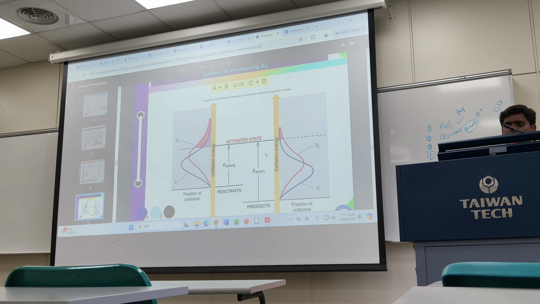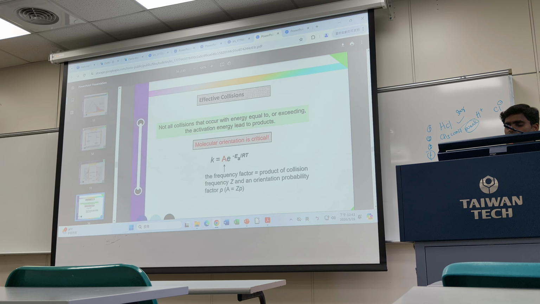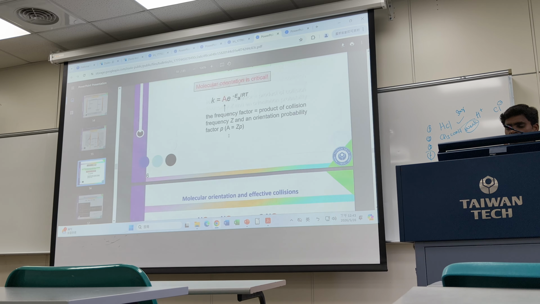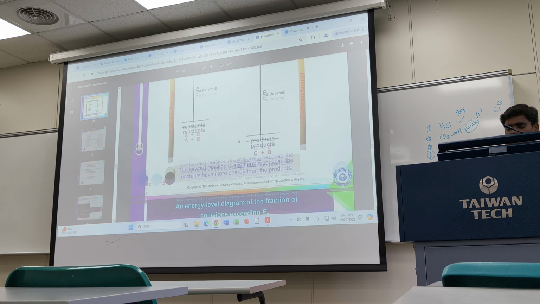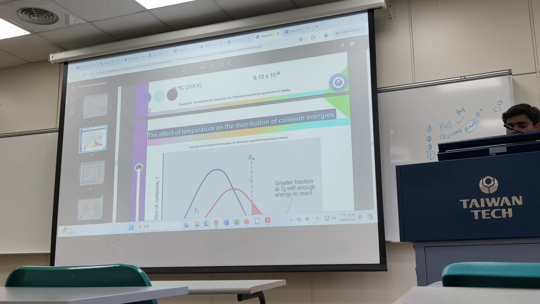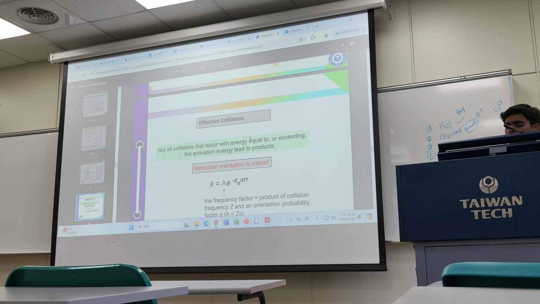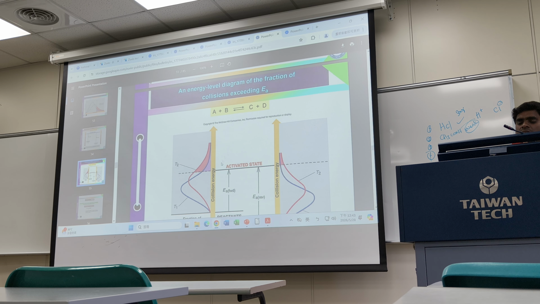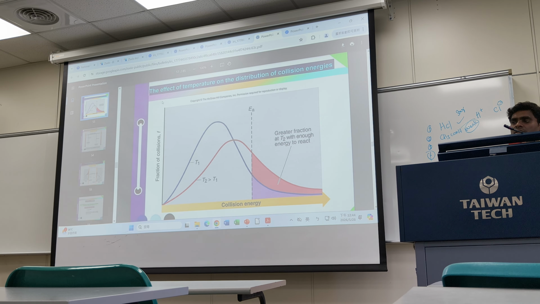Which one you feel is easier, you can use that. For an effective collision, 1, 2, 3, any one you can use. Any two slides you can remember. This slide is compulsory, and this or this or this. Anything you can remember, but the collision energy must be influenced by temperature. That's what we need to make sure.